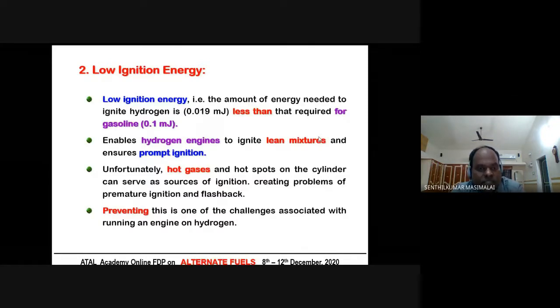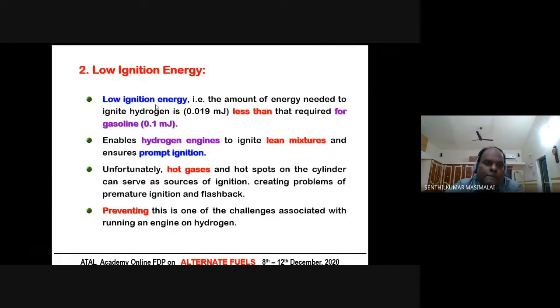A very high intensity spark is used for igniting the gasoline air mixture. In case of hydrogen, you need not have that kind of very high intensity spark because hydrogen can be easily ignited. Even a hot spot inside the combustion chamber will ignite the hydrogen.